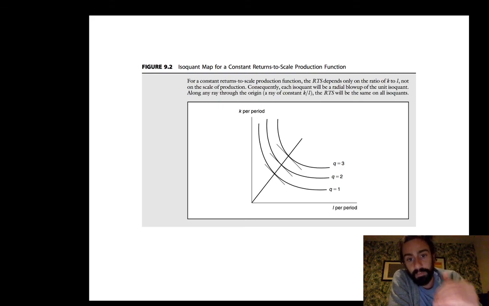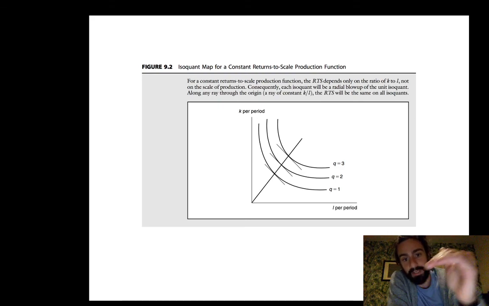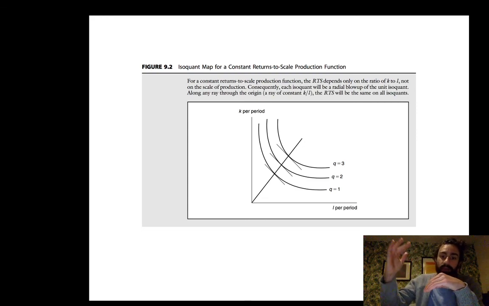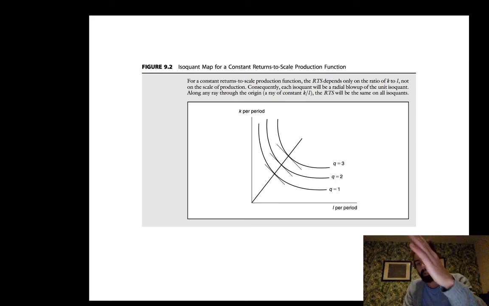If you just move up along these different planes, the slope of the isoquants is not changing. So as you move from one isoquant to another, their slopes stay the same as long as the ratio of capital to labor remains fixed, which means that you're on the same ray emanating from the origin.